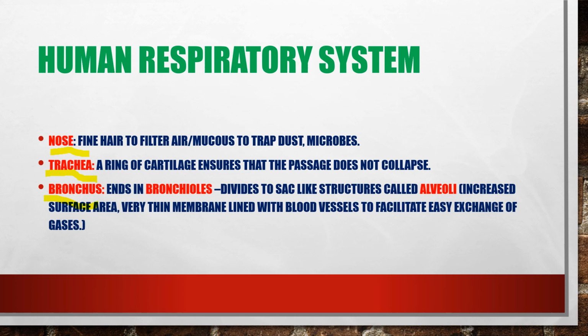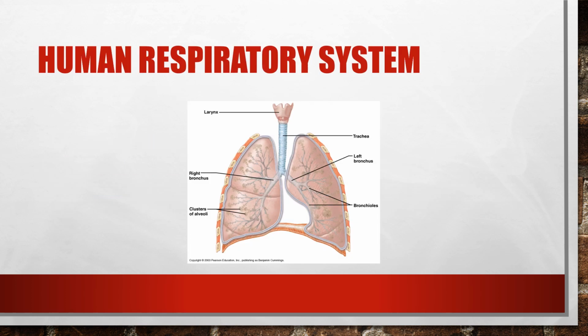The bronchus ends in bronchioles, which divide into sac-like structures called alveoli to increase the surface area. The structure of alveoli is such that it has a very thin membrane lined with blood vessels to facilitate easy exchange of gases. This is the complete structure of the human respiratory system.